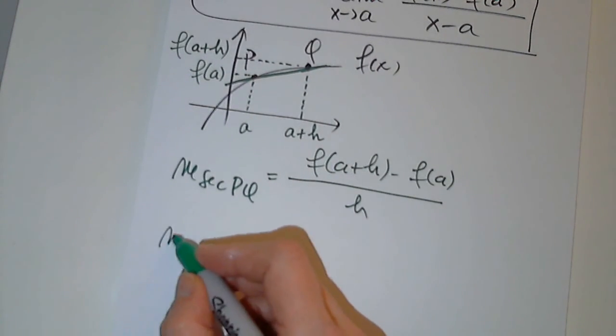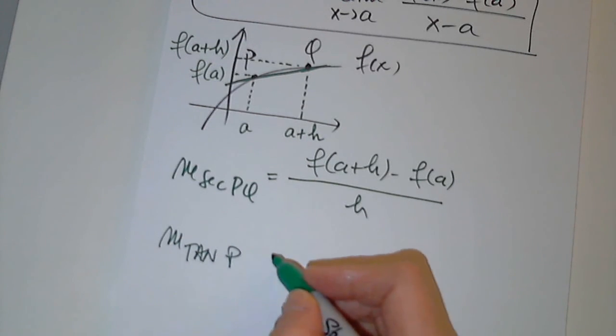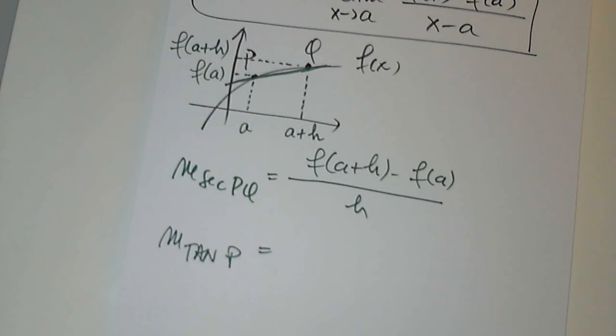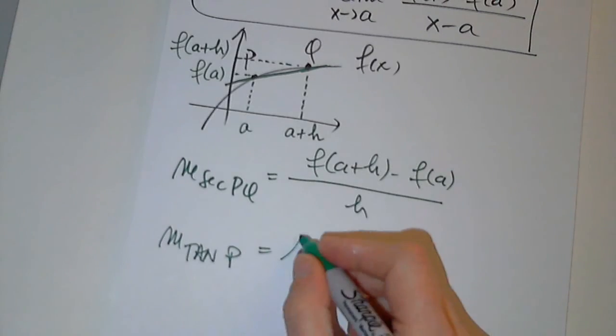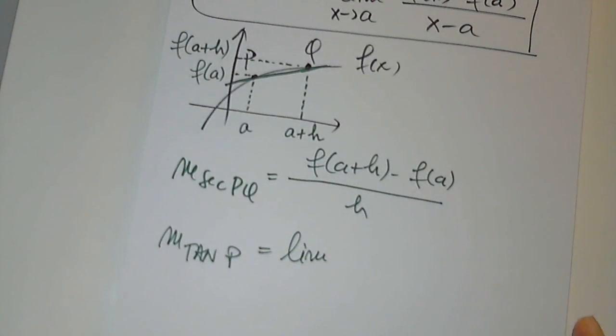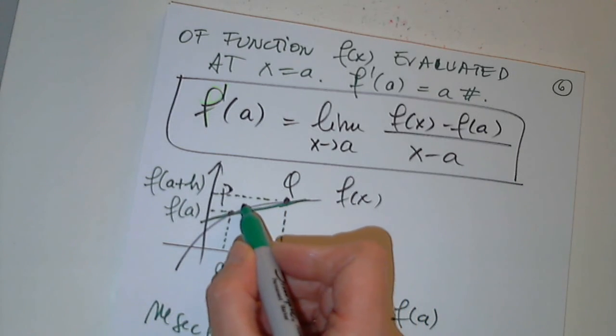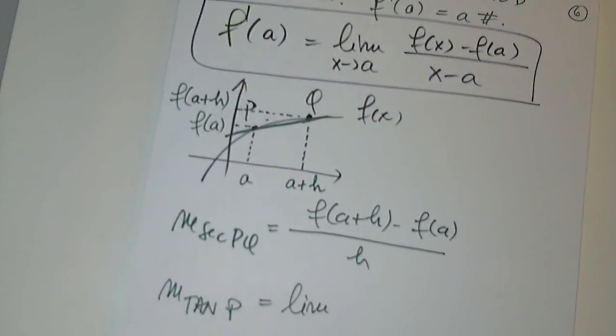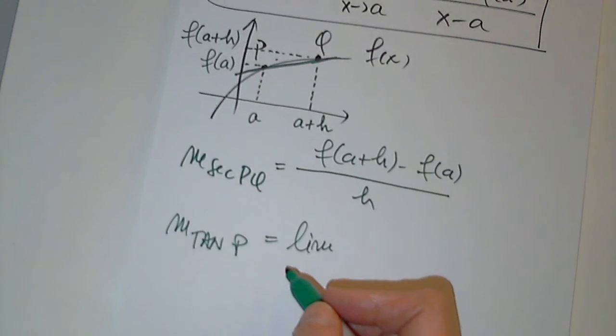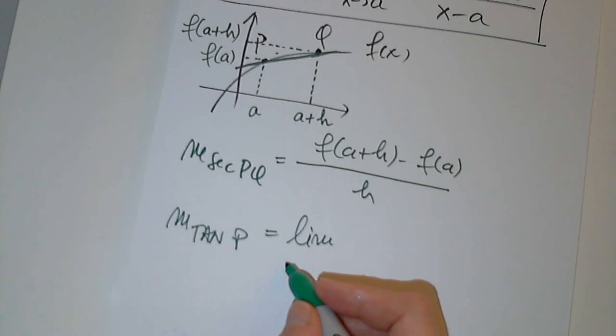And now we want the slope of the tangent at P. See how these two concepts, the difference quotient and the limit, come together to give us the derivative. Okay, so now I'm going to put the limit in front. But now careful. Remember, I'm trying to bring Q closer and closer to P. So what do I write here under the limit? x approaches a, isn't it?